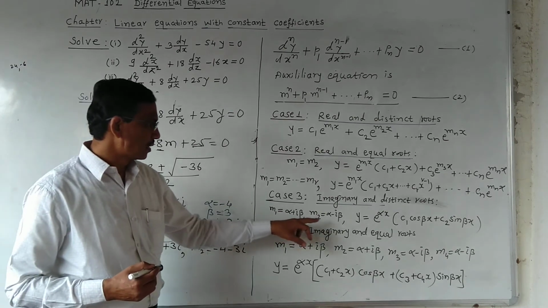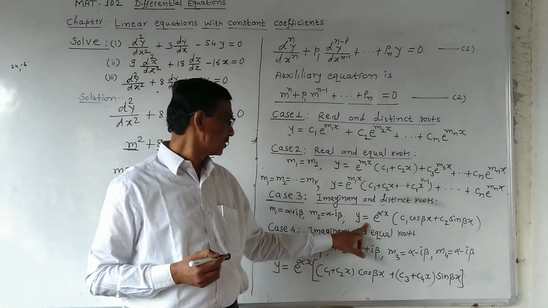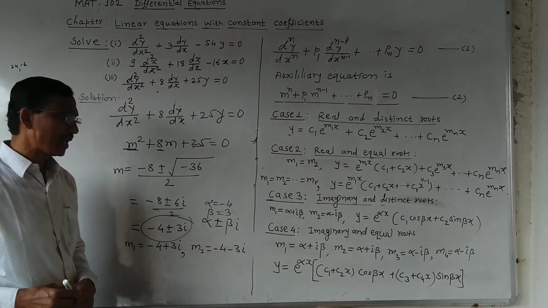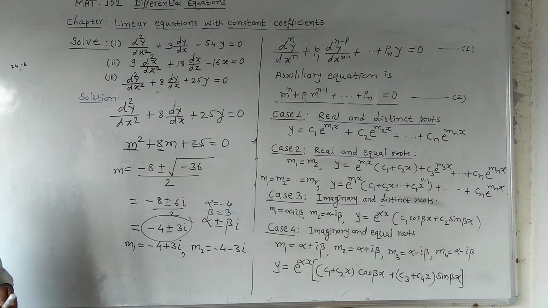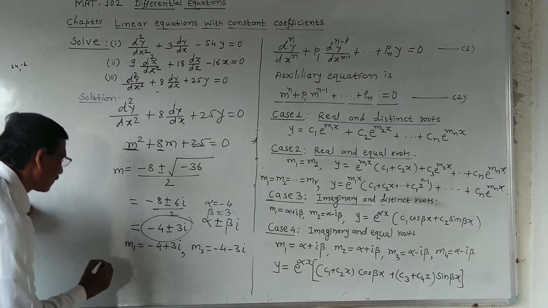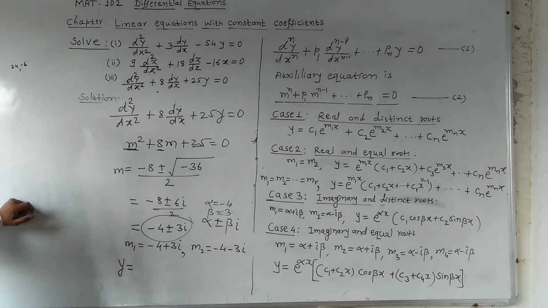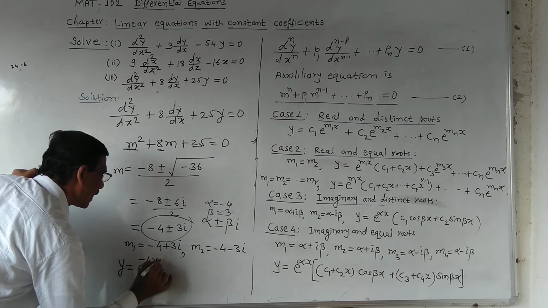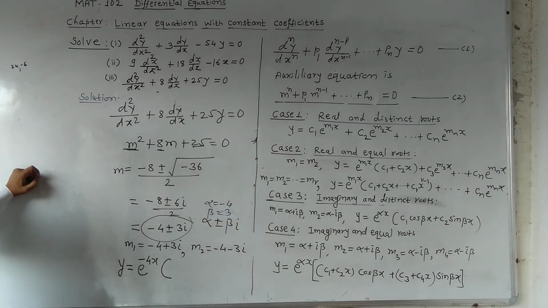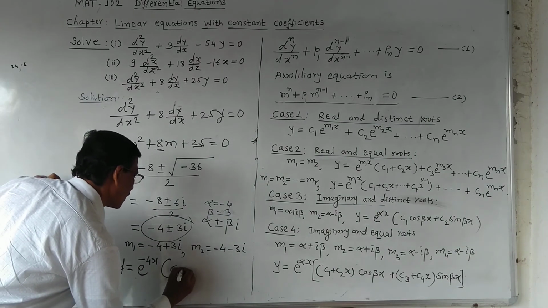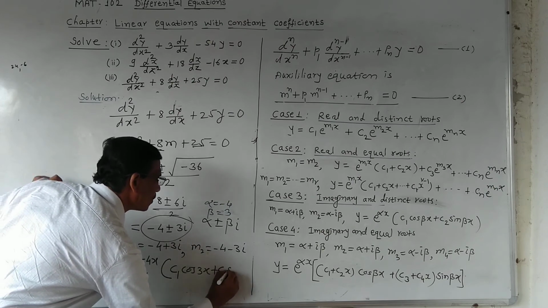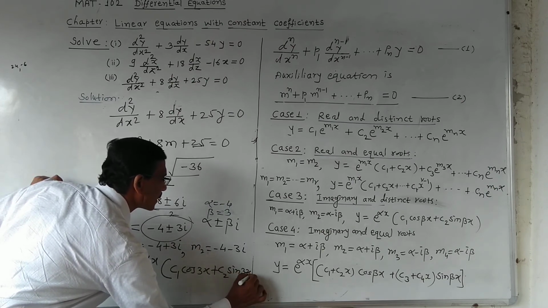And in this case, the solution is given by y is equal to e raised to alpha x, c1 cos beta x plus c2 sin beta x. What is the formula? y is equal to e raised to alpha x, alpha is minus 4, e raised to minus 4x in bracket c1 cos beta x, beta is 3, so 3x, plus c2 sin 3x.